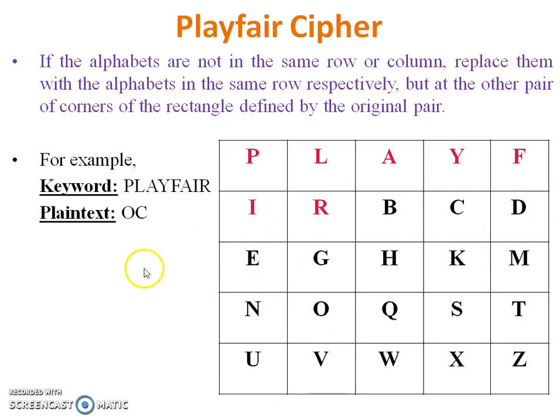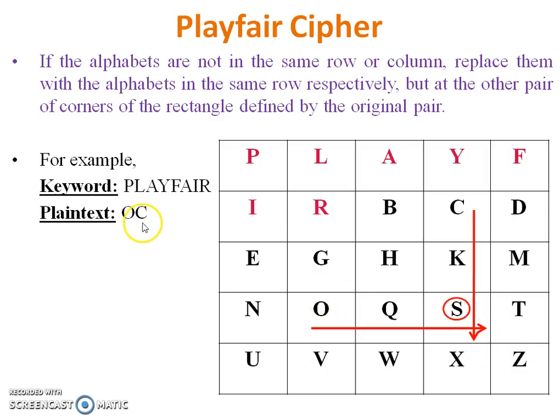So what we have to do is move along the row in which O is placed and check where it intersects with C's column. So this is O, this is the column of C, intersecting at S. So alphabet O generates ciphertext S.